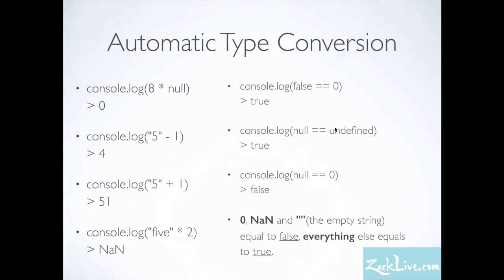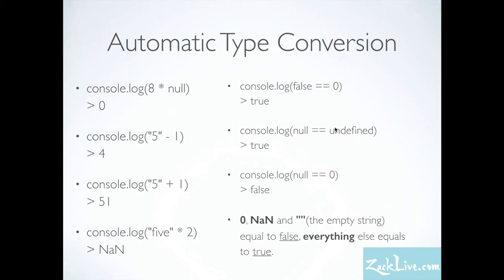JavaScript is clever enough to perform automatic type conversion, which means when you minus 1 with a string of 5, you will get 4 because JavaScript automatically converts the string of 5 to the number of 5.